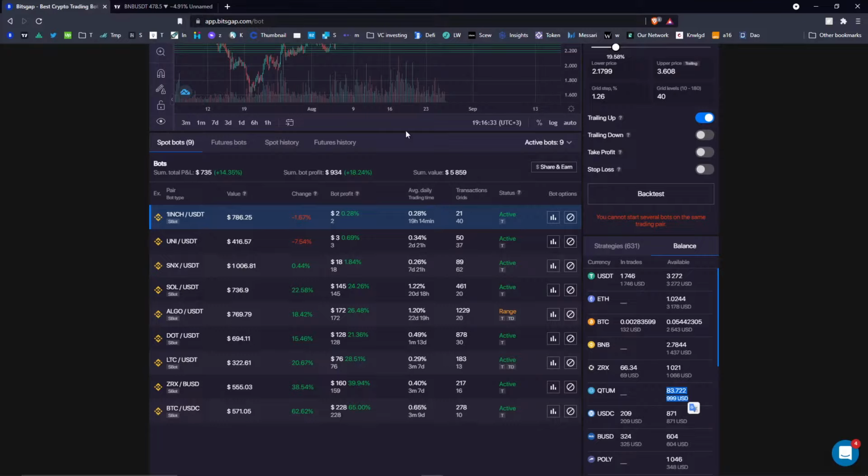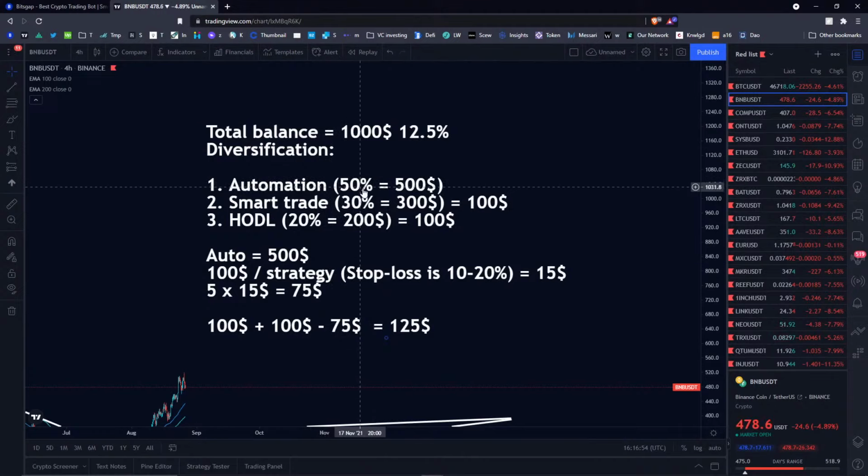Yeah, which is good for your HODL strategy accumulation. And also you can see that the price of Solana has skyrocketed a lot. So, well, basically this whole DeFi locked staking that I have, it plays well for me. So, yeah, 50% approximately to automation.